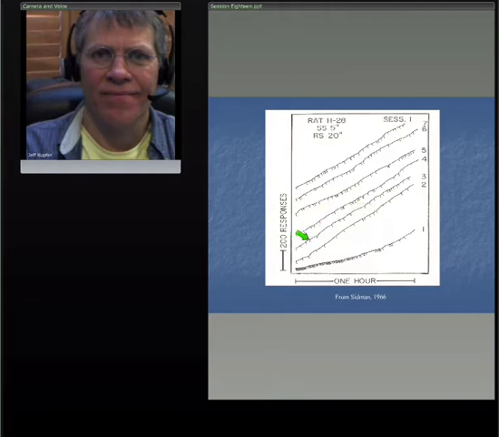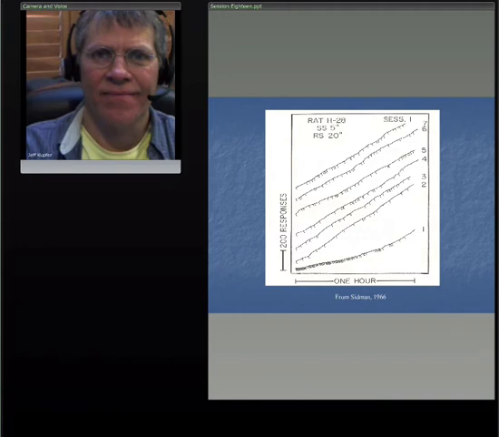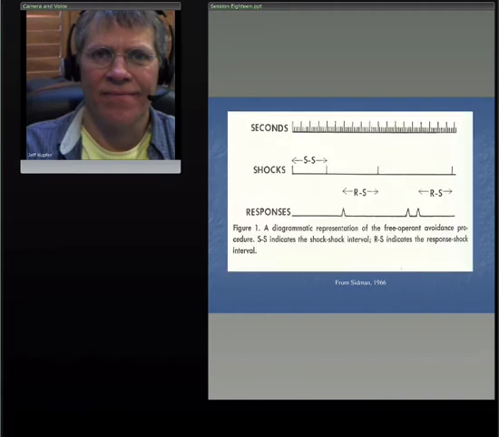However, note here that even though they can theoretically avoid 100% of the electric shocks, rats in fact do not reach 100%. And again, there's a logical reason that this should actually take place, right? In other words, if you are an avoider and you are successfully avoiding, the more you're able to avoid, the less likely that you're pairing light with shock.